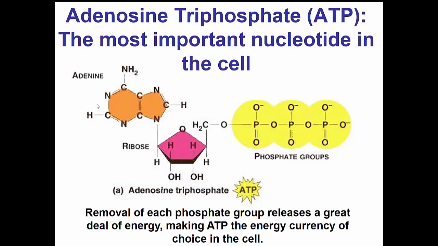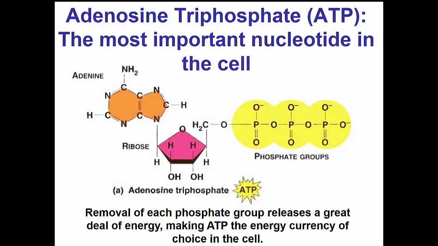However, ATP is probably the most important nucleotide in the cell. ATP, we've already learned, is produced by aerobic respiration in the mitochondria. ATP is adenosine triphosphate.